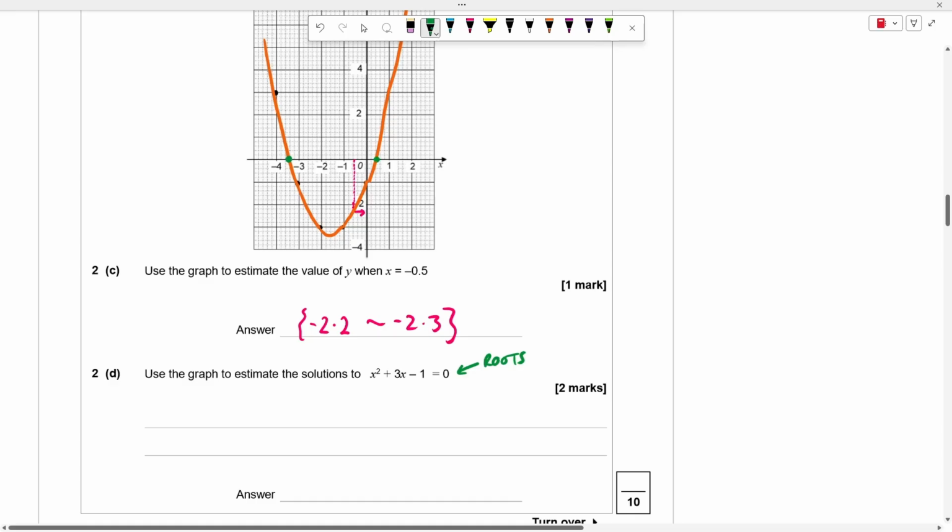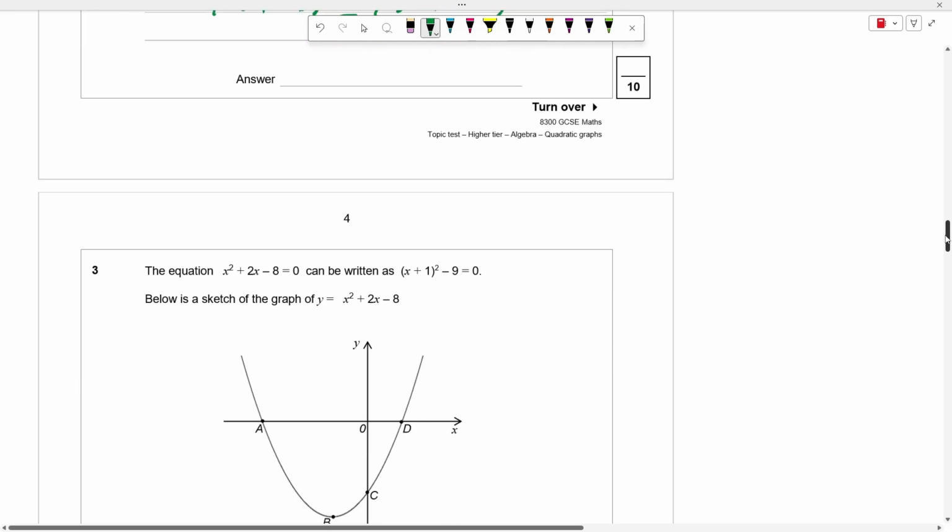Now acceptable answers for the first one, the positive one, are going to be any answer between 0.3 to 0.6, or, and it's important that you write or, the negative value is going to be any number between minus 3.5 to negative 3.1. So as long as your answer is within that frame, then that is absolutely fine for that one.